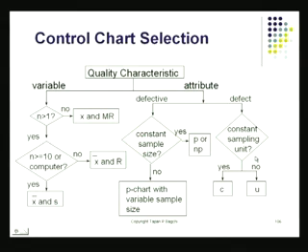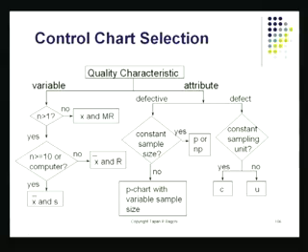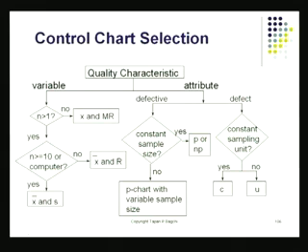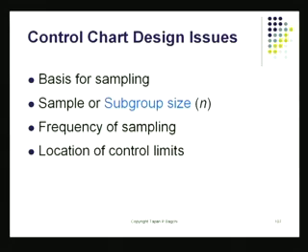But suppose I'm inspecting these calculators and sometimes I get 3, sometimes I get 5, sometimes I get 1, and so on and so forth. I should be using what is called the U chart, which is like, in that sample, how many defects did I find? In that sample of size 3 or 5 or 2 or 1, how many defectives did I find? How many defects did I find? Once I know that, I'd be able to use the U chart. And the U chart runs very, very similarly to the C chart there.